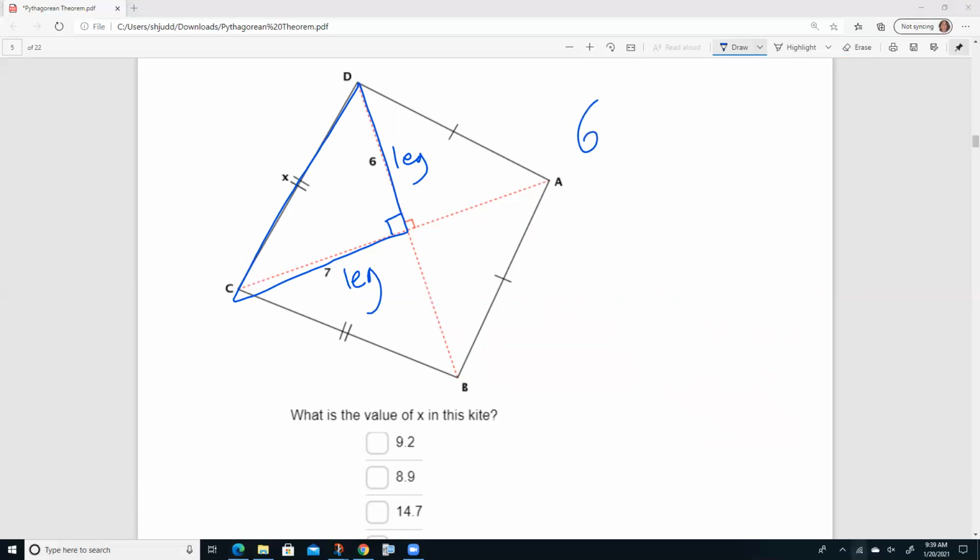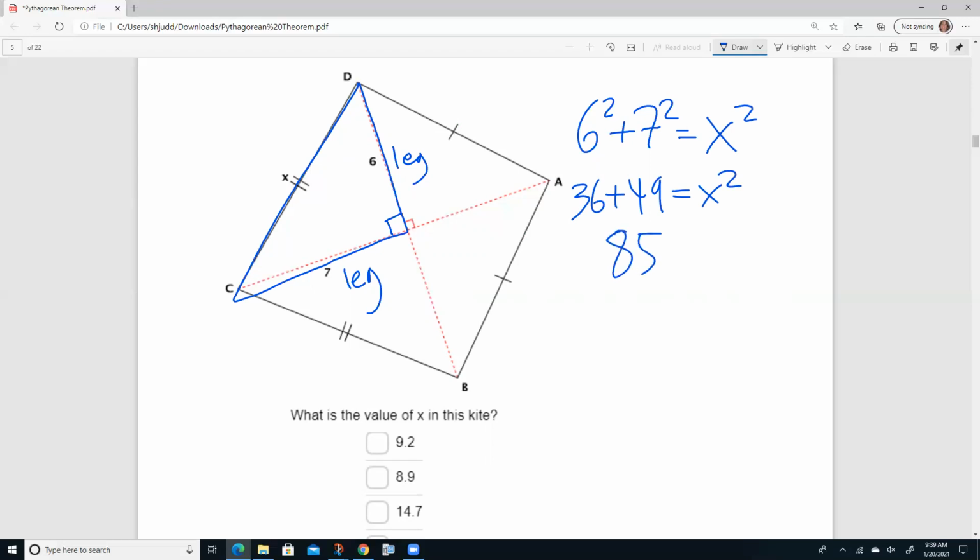So 6 squared plus 7 squared equals x squared, which means I've got 36 plus 49 equals x squared, which means I have 85 equals x squared.